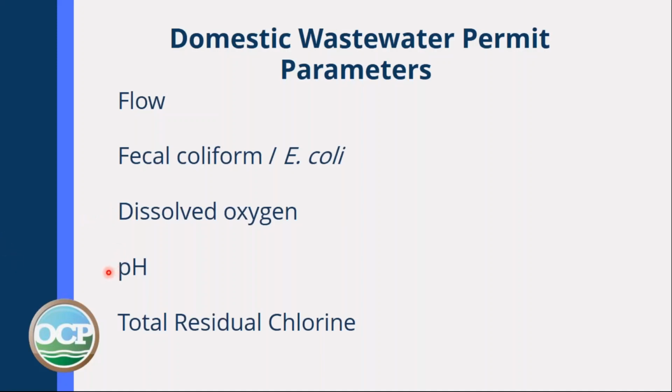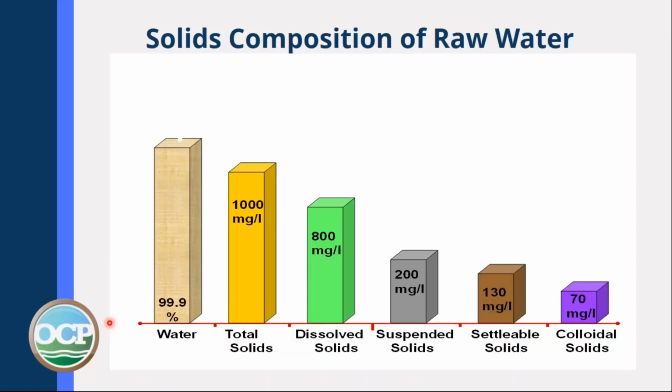Of course, pH, we don't want to have too low or too high a pH as we discharge the waste, and we want to make sure that there's not too much chlorine going into the receiving waters of the Commonwealth.